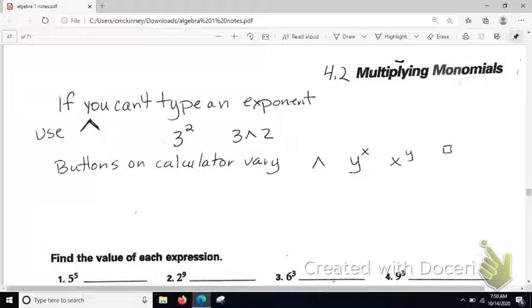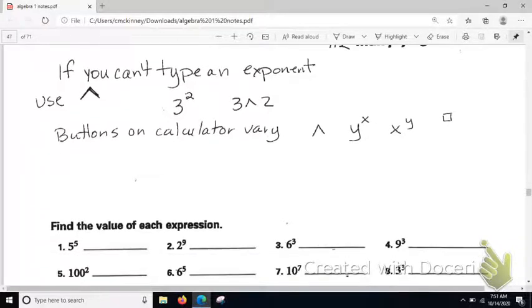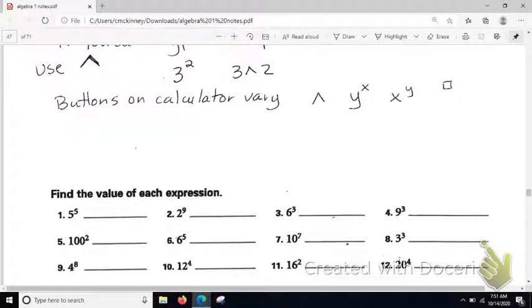And you would use that button between the base and the exponent. There may also be a little box. Your phone calculator also has something like this if you turn it in landscape mode. So turn it sideways so it's longer horizontally. Then you should see that your phone calculator turns into a scientific calculator. I haven't seen anybody's who doesn't yet.